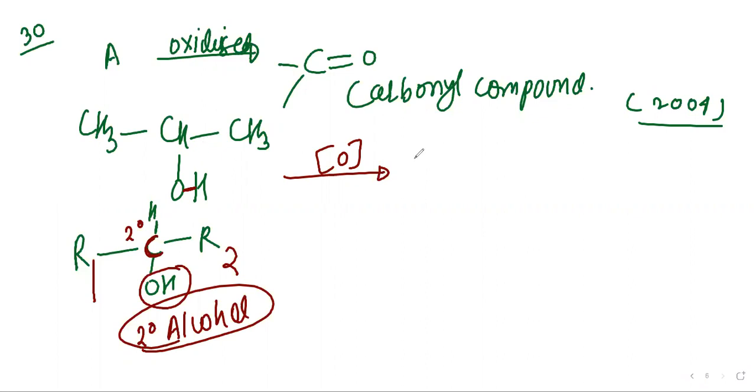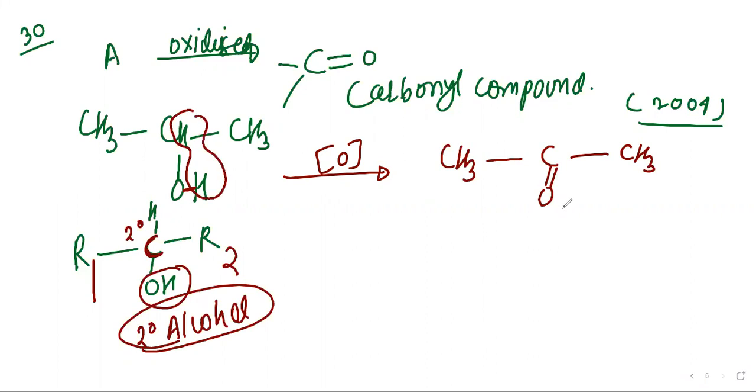So it will form a ketone. It will be CH3, C double bond O, here CH3. So in oxidation, we are removing these two hydrogens. So it is forming a ketone. So this is called oxidation.